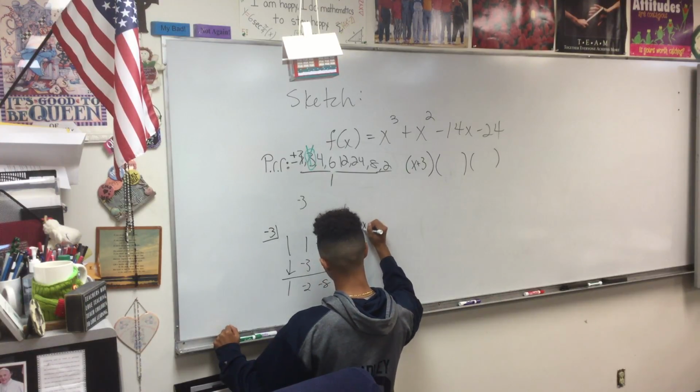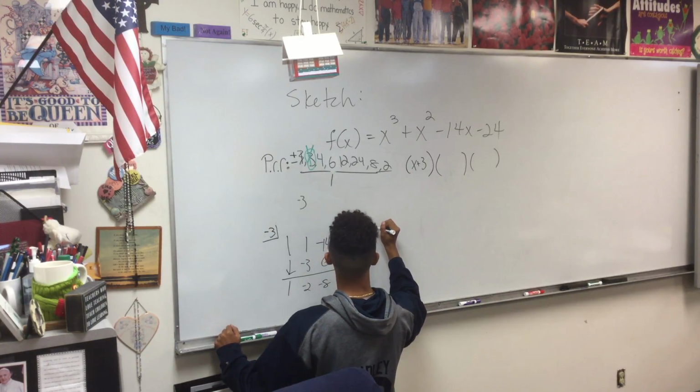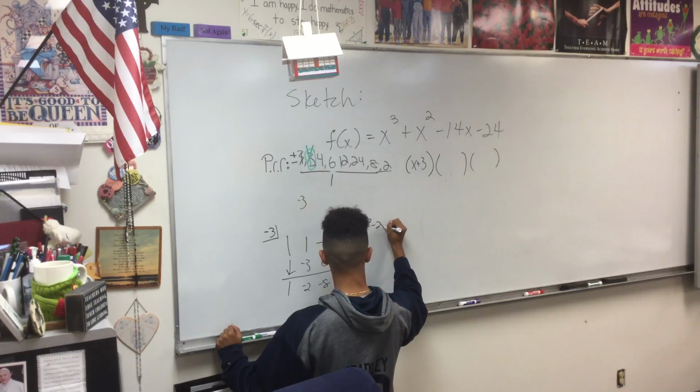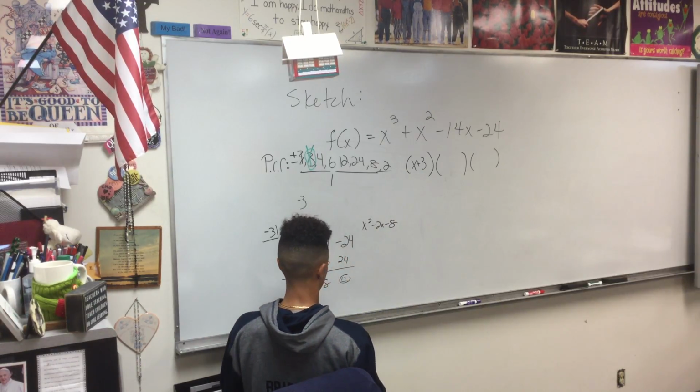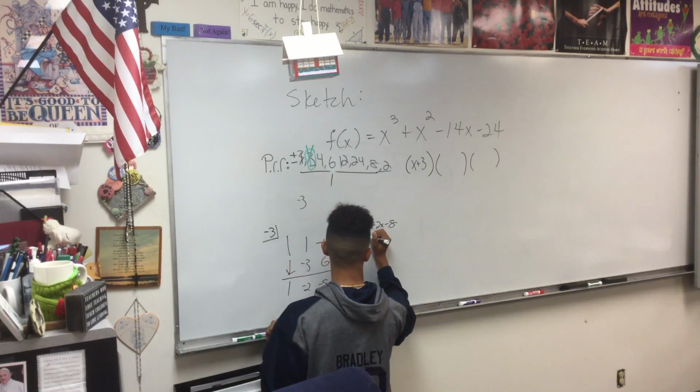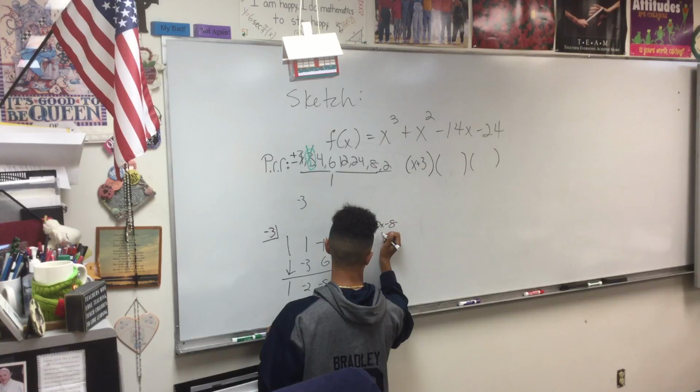So then X squared, minus 2X minus 8. So X minus 4, X plus 4 and X plus 2.